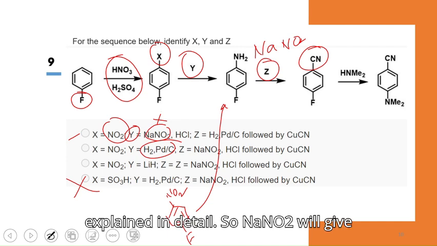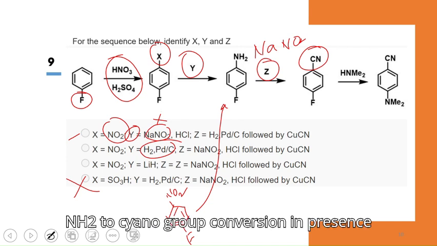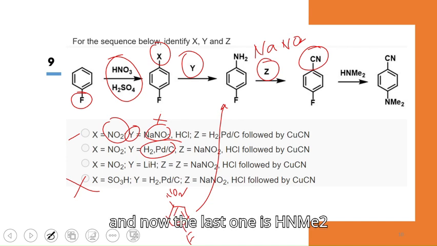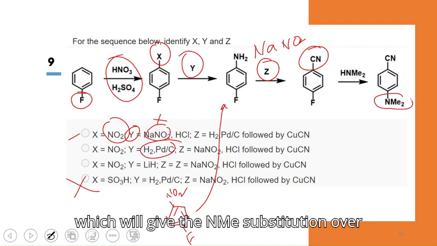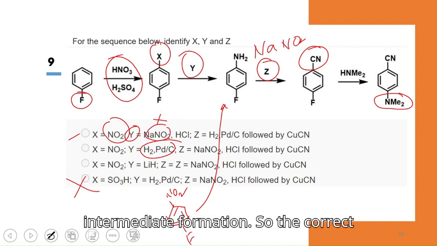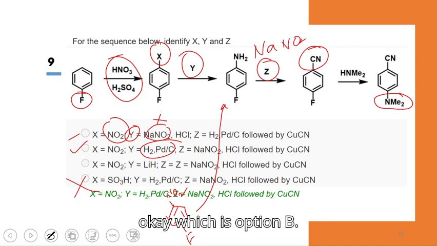NH2 to cyano group conversion in presence of NaNO2 is possible. So this is the reagent Z, and the last one is NaNH2, which will give the NH2 substitution via benzyne intermediate formation. So the correct option is option B.